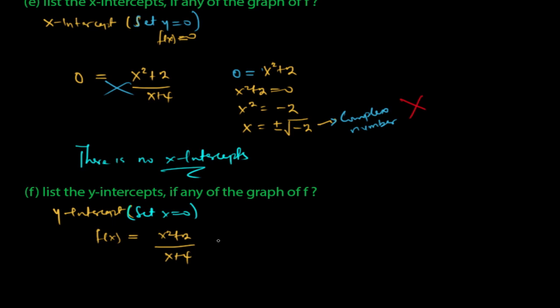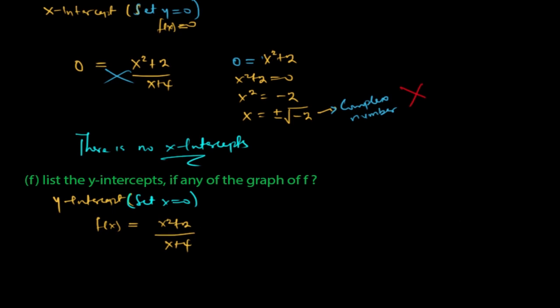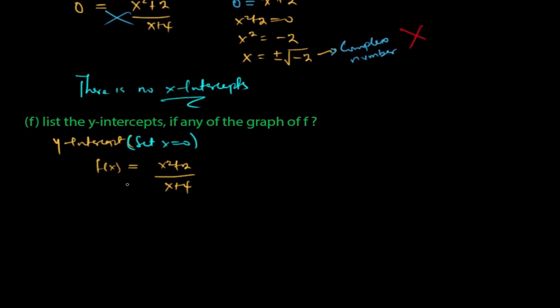When you set x to be 0, we want to find the corresponding value of y. So this is going to be f of 0 equals 0 squared plus 2 divided by 0 plus 4. This gives you 2 divided by 4, which is equal to half.